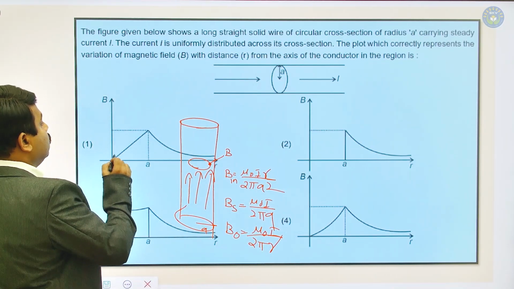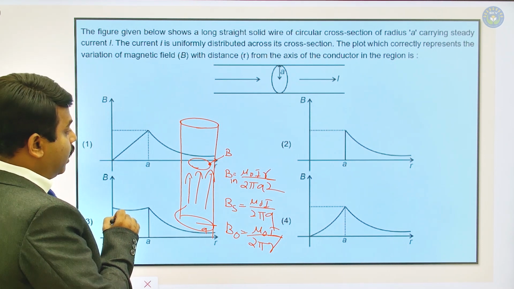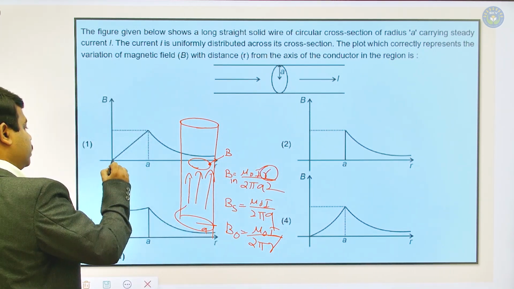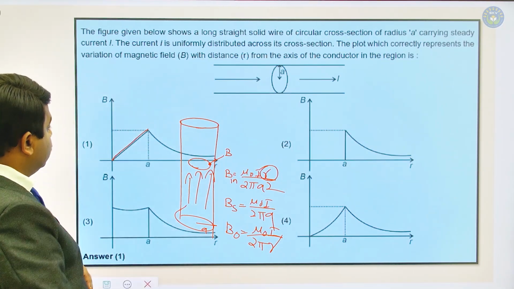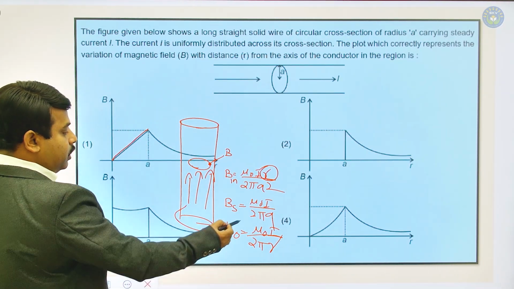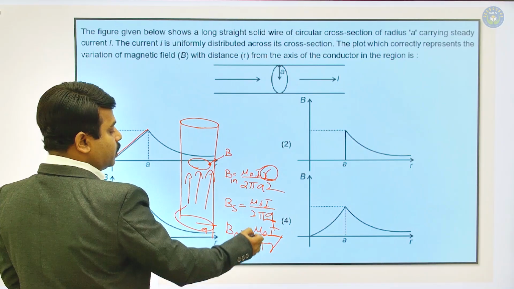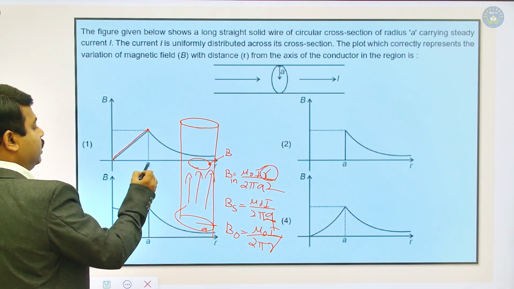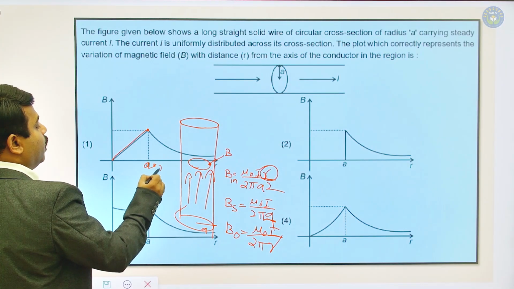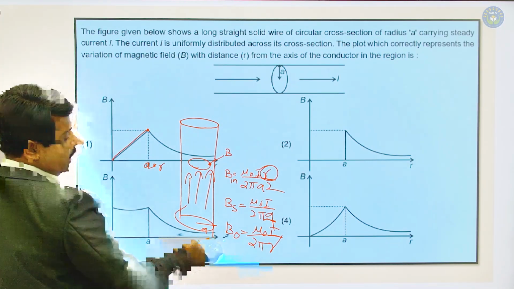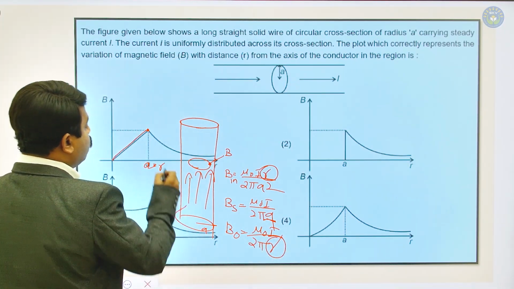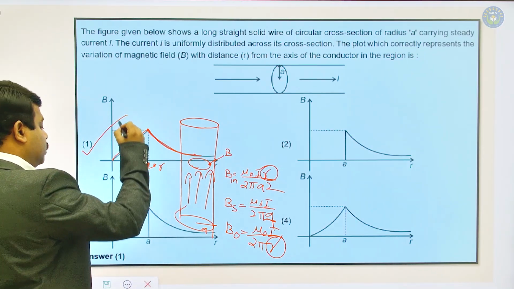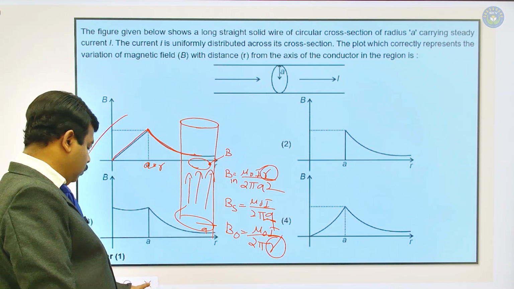Inside, it varies proportional to R, that means a straight line. At the surface it becomes a constant, mu 0 I by 2 pi a, since a is the radius of the cylindrical wire. Again, outside it is inversely proportional to R, that is a 1 by x graph. Then option 1 is correct, right? All right.